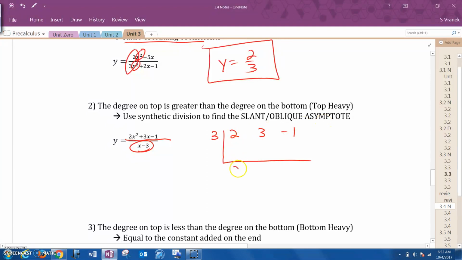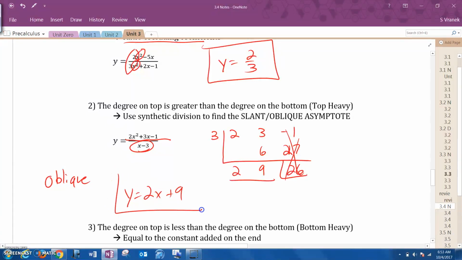When you do this, it does not matter what your remainder is, because you do get a remainder sometimes. 9 times 3 is 27, and we get 26. Well, the remainder doesn't matter. This matters. So we would say that the oblique, or slant, is the equation y equals 2x plus 9. And we'll look at that tomorrow with graphing, how that looks on the graph, or maybe the next day.